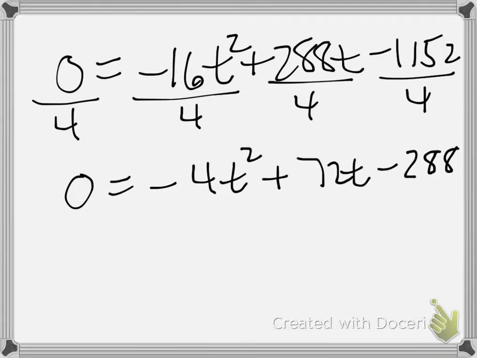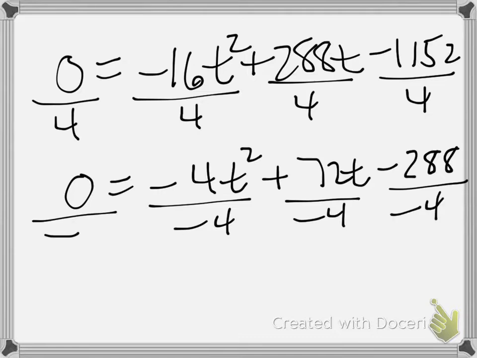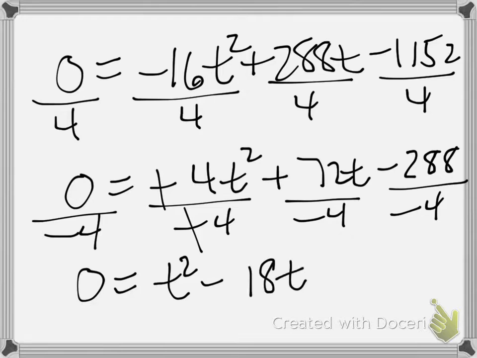And now you could probably divide by 4 again. This time I'll divide by negative 4 to get rid of this negative. So 0 equals t squared minus 18t plus 72.